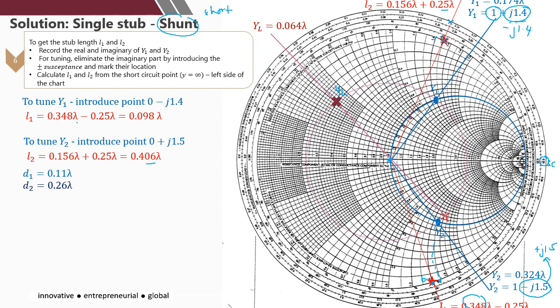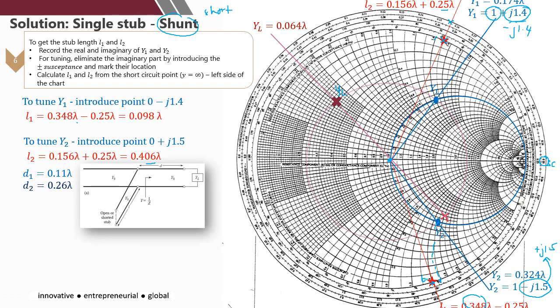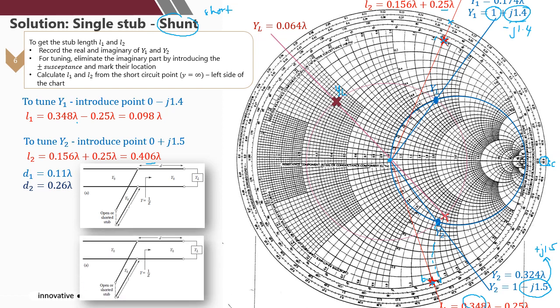Okay, so from the earlier calculated values D1 and D2, you now have two options. Whether to use the first one by using D1, put the value 0.11, and the length will be 0.098, or you want to use the second one with 0.26, and the length is 0.406 lambda.